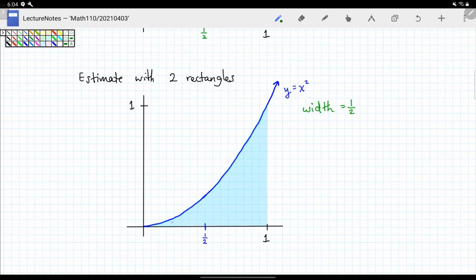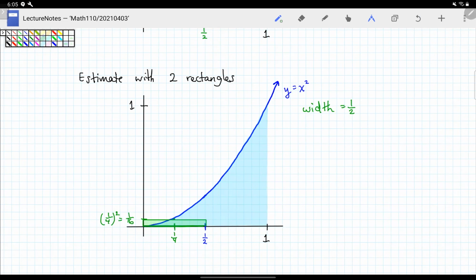So this first rectangle, here's the subinterval, and I'm going to go to the middle of the subinterval to determine my height. That middle is 1/4, and 1/4 squared is 1/16. That's here. And so I'm going to make a rectangle that is the full 1/2 unit wide, using the height at the midpoint as the height of the rectangle.